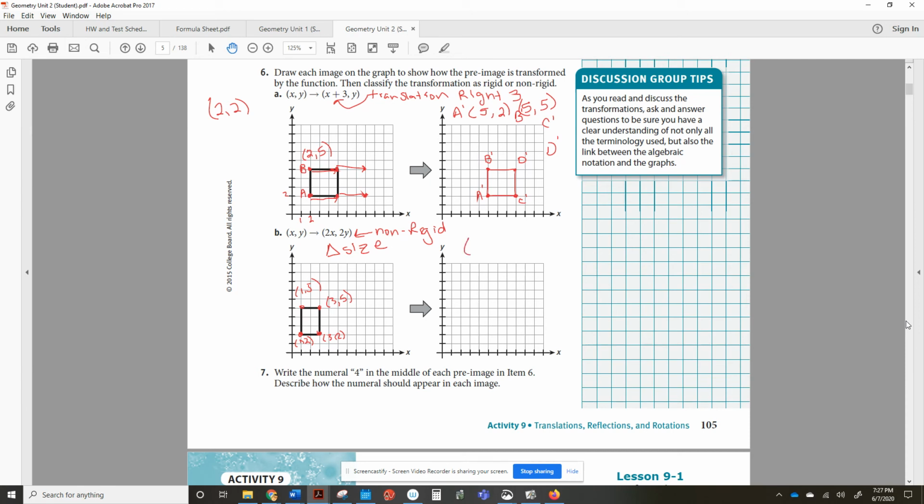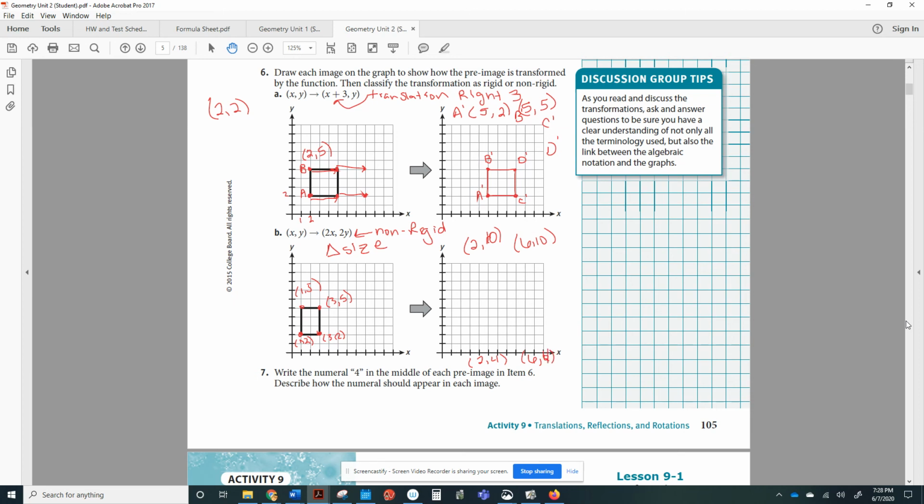So your new points will be 1 times 2 is 2, and 5 times 2 is 10. So you end up with the point 2, 10, then 6, 10, then 2, 4, and 6, 4.